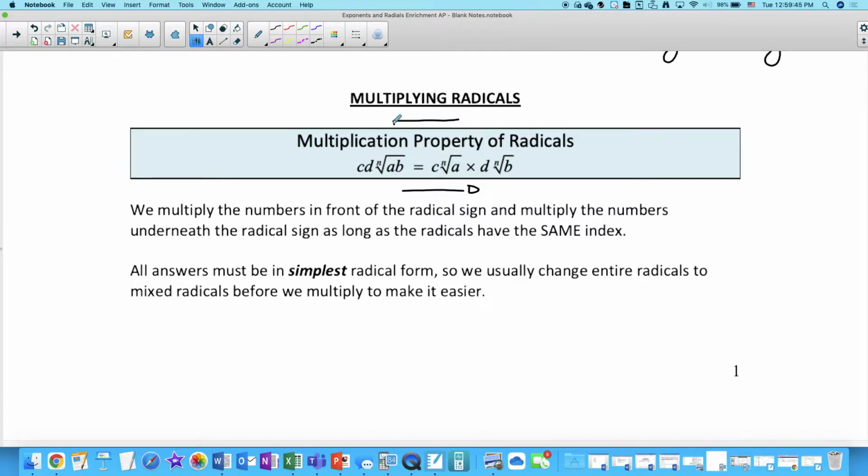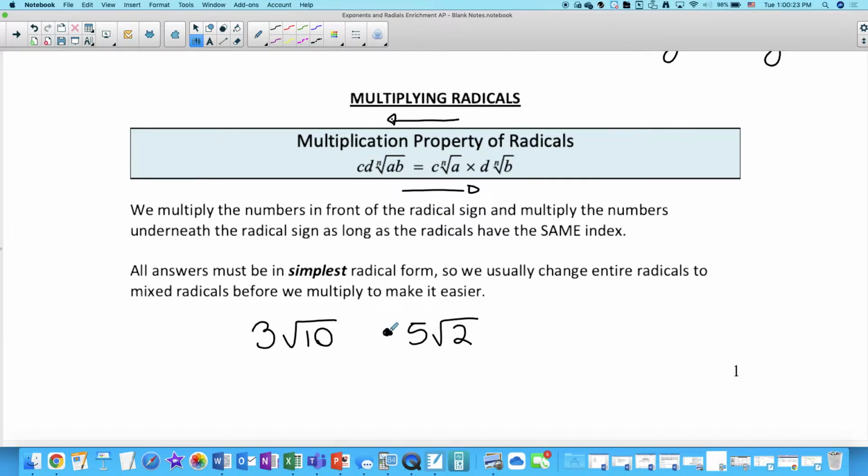Now, when you go this way, what often happens is you may start out with 2 radicals that cannot be simplified. But when you multiply them together, the product, the radicand, can be simplified. For example, let's say I have 3 square root 10 times 5 square root 2. I can't simplify the square root of 10 or the square root of 2.